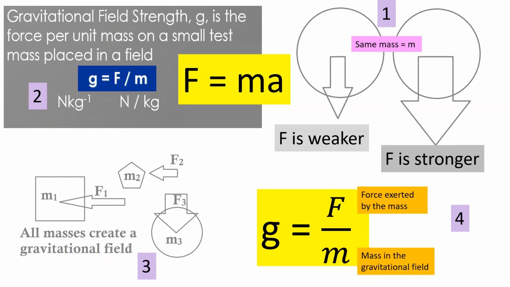Let's look at diagram 3. So all these 3 diagrams represent three different types of masses, and all masses create a gravitational field. So if there is an object with mass m1, then if an object is placed outside that object, let's just say a small mass, then it will experience a force of F1, because the object that has a mass m1 will create a gravitational field, and a small test object would experience a force F1.